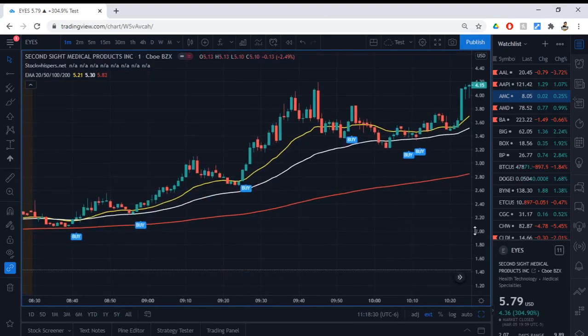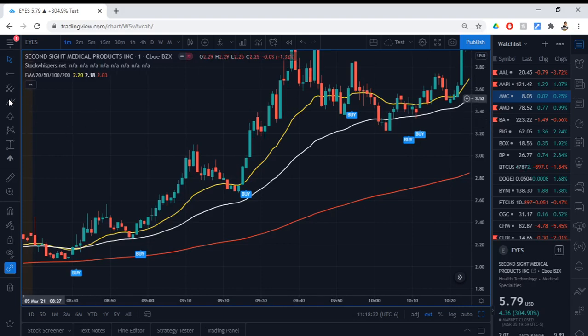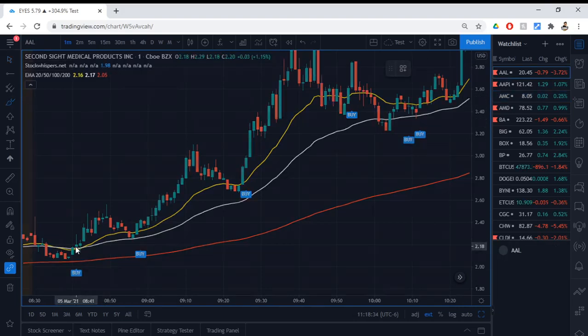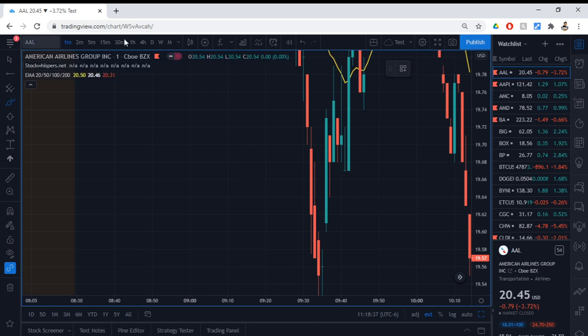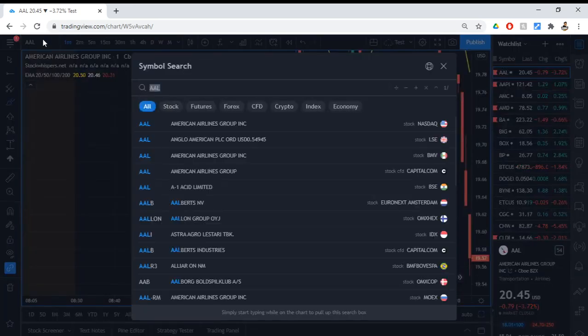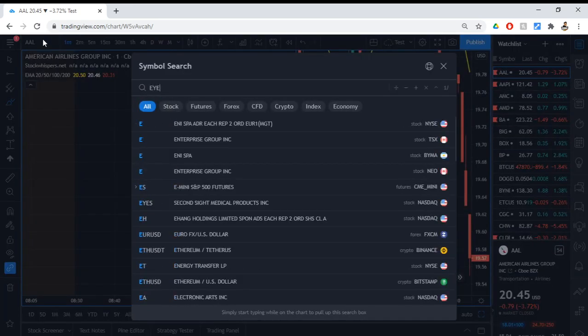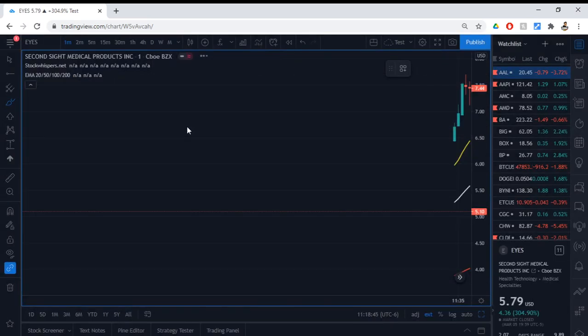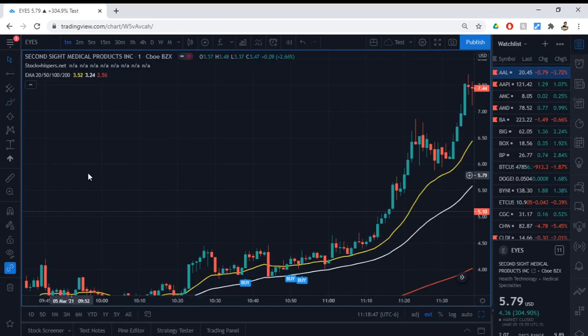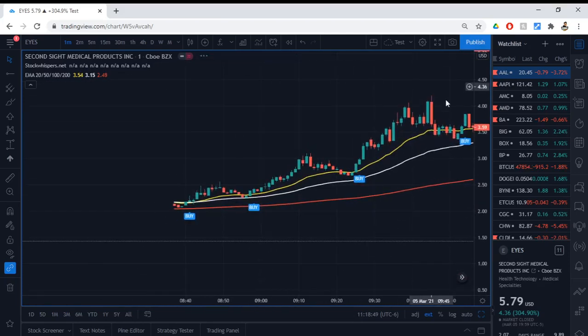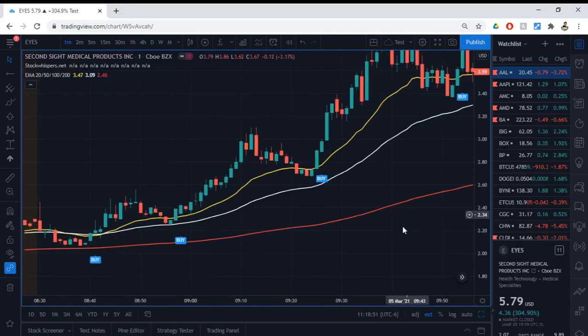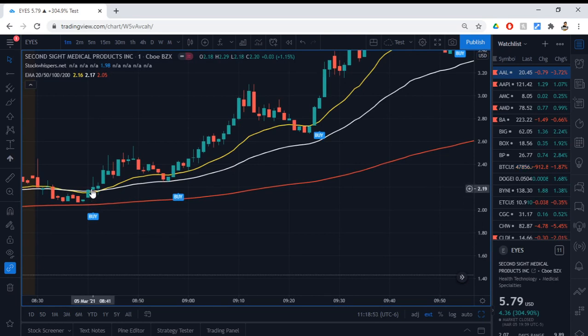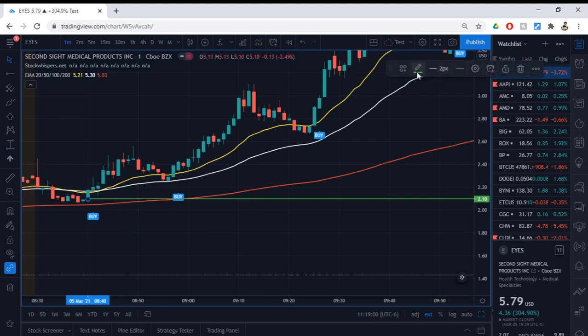Okay, so the same strategy applies as always. You want to use stop losses in case you're wrong. This candle here is your entry candle. So your stop loss is right below the candle right before it.